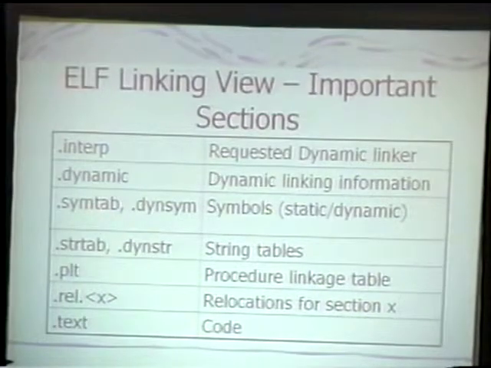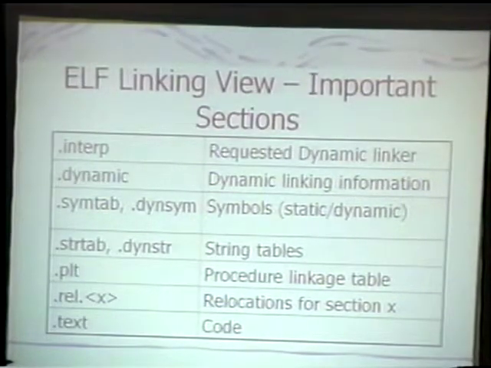We've got the symbol table and the dynamic symbol table, which are basically static symbols which don't need to exist at runtime, and dynamic symbols which need to exist at runtime, because they refer to symbols which need to come from external places like shared libraries which need to be loaded at runtime. You've got the string tables. Again, you've got the static string table, which refers to the symtab. You've got the dynamic string table, which refers to the dynamic symbol table.